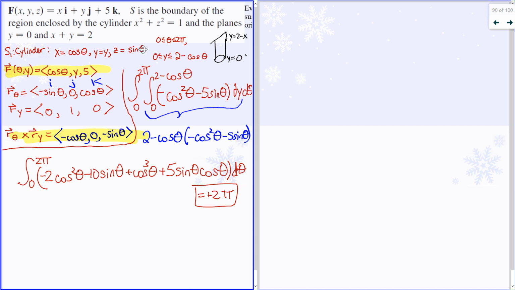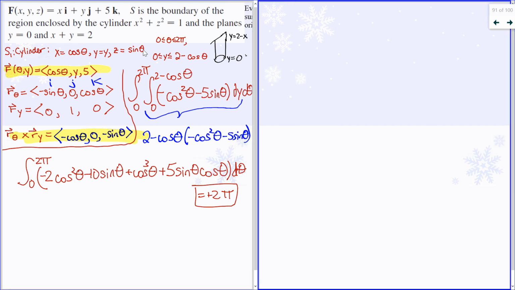All right. Are we ready for the plane? Okay, we're going to do the slanty plane right now. So S2 is going to be the plane x plus y equals 2.